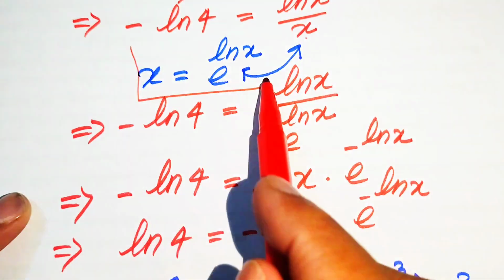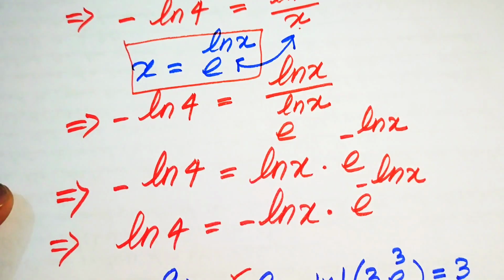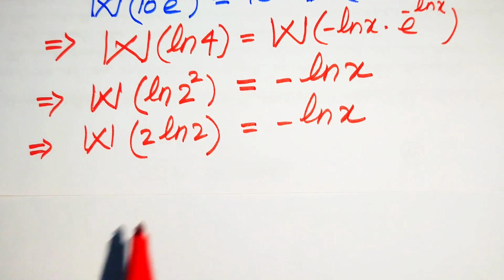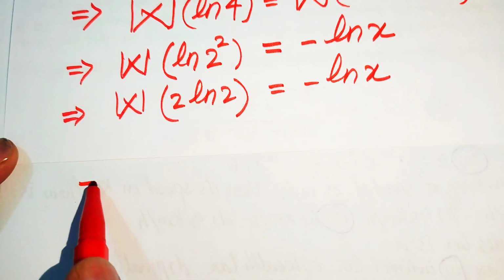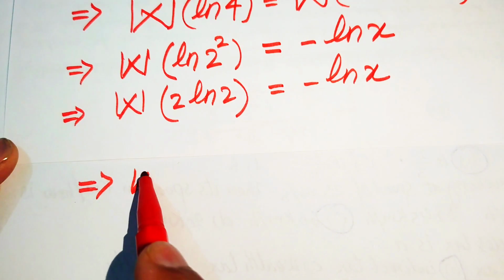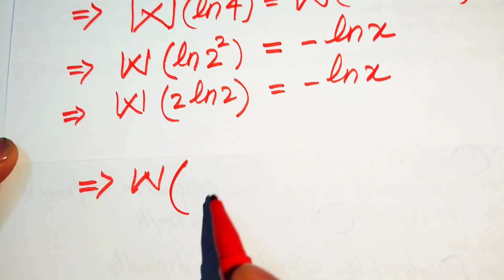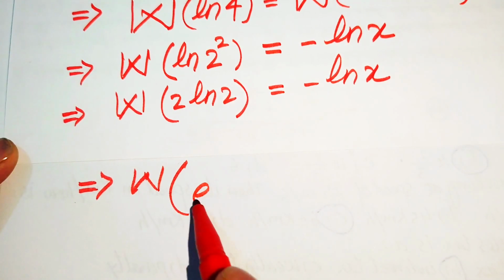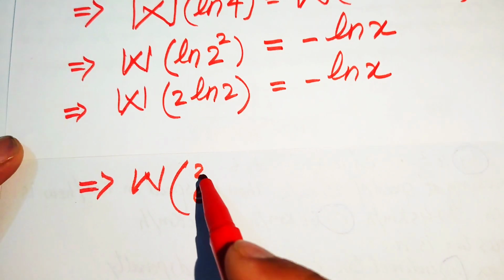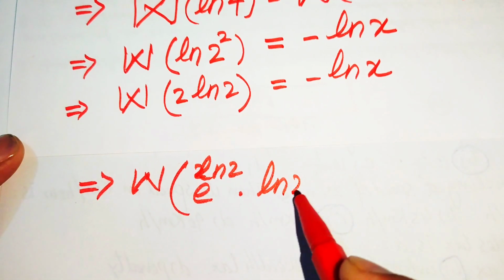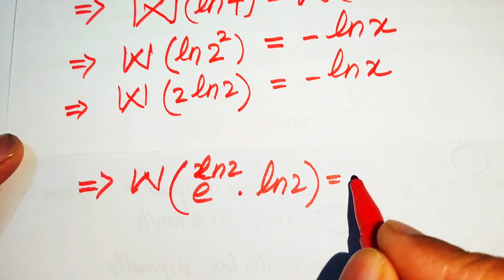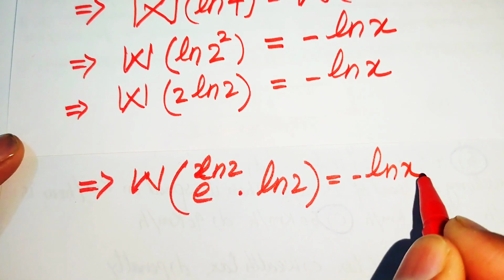We can write x equals e to the power of log x, similarly we write this 2 equals e to the power of log 2. So that now we rewrite this 2 in this form, W of e to the power of log 2 into log of 2 equals minus log x.